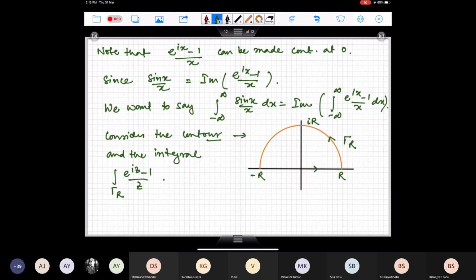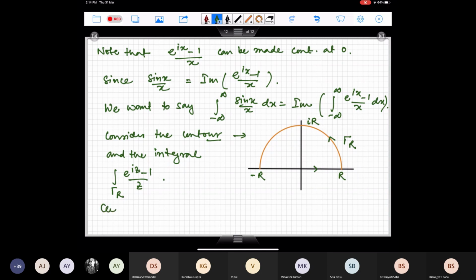In this contour there is one part which is the integral on the real line, and the other part which is on the semicircle. So I am going to separate it out, and it's clear that this function has no other singularity. Anyway, z equal to 0 was one possible point of singularity, but that's not the case. It's actually holomorphic. So what I know is that this integral is 0.